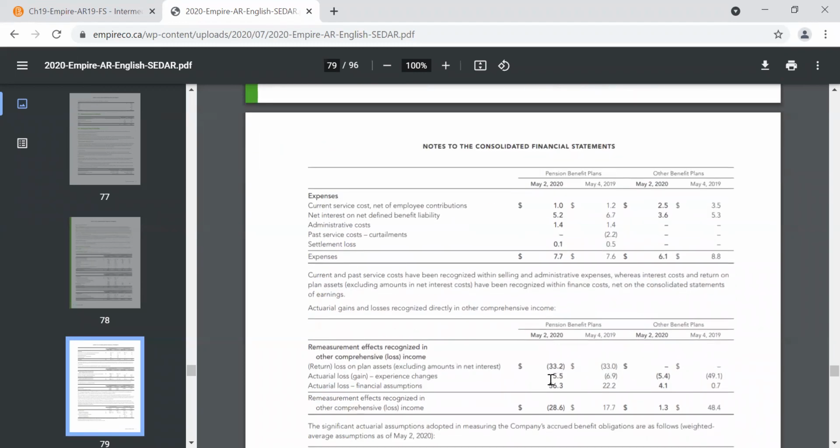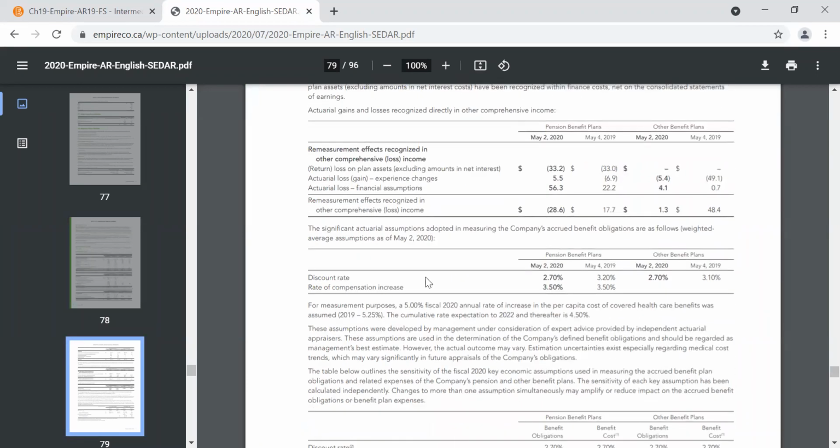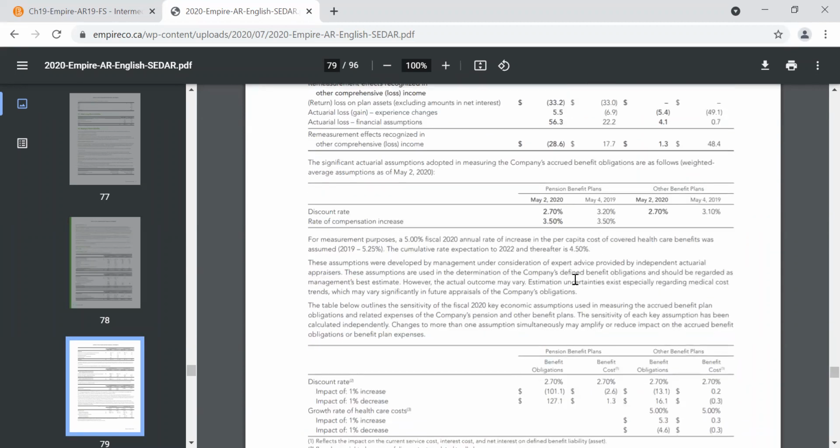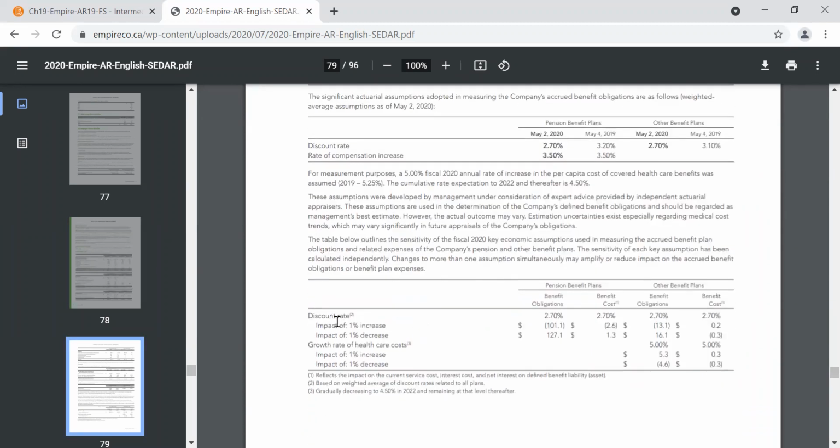And this would be the changes in other comprehensive income, the remeasurement gains and losses. And then there are additional items, like the discount rate used, and a little bit of what-if analysis. Like if the discount rate increases or decreases a little bit, it gives you a sense of how the liability and the expense would be affected had the assumption been revised a little bit.